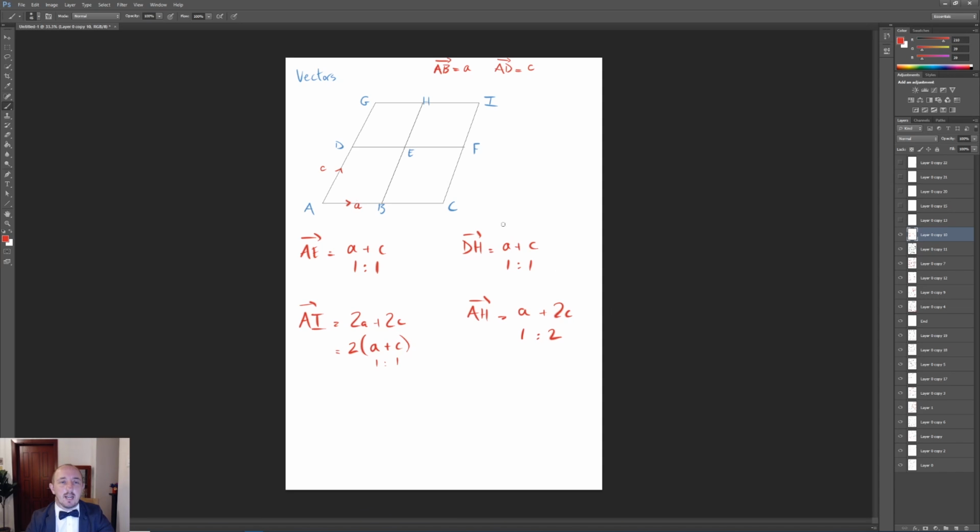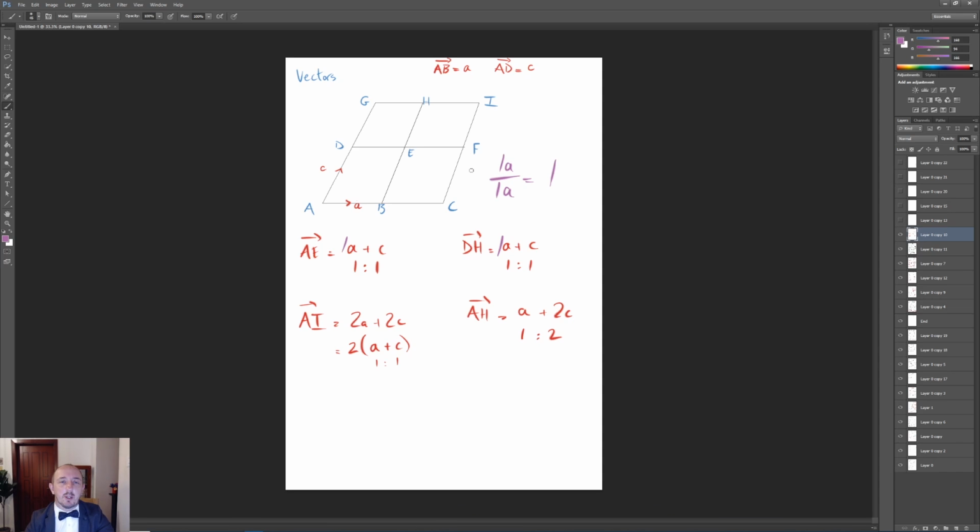So when you're in the exam and it asks you to prove if something's parallel, what you do is try to get the 2 vectors and then factor a number out which will show them to be in the same ratio. Or alternatively, this is helpful for the more difficult questions. I can divide the 2 A's. So in A to E, I've got 1A, and here I've got 1A. So I can do 1A divided by 1A, which is a ratio of 1.